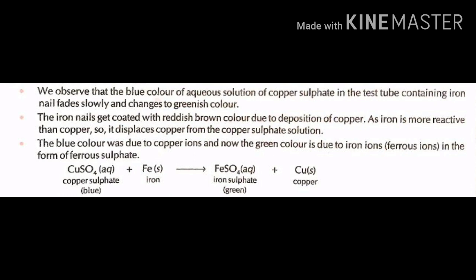As iron is more reactive than copper, it displaces copper from the copper sulfate solution. The blue color was due to the copper ions, and now the green color is due to the iron ions, ferrous ions in the form of ferrous sulfate.